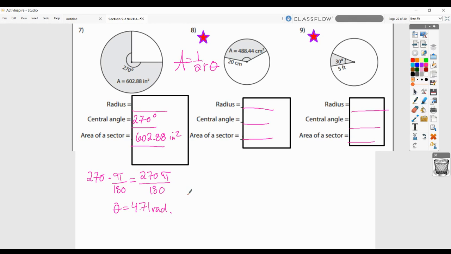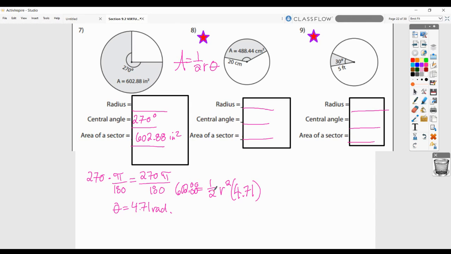Okay, here we go. Area equals 1/2 times the radius squared times my theta, which is 4.71. My area, I forgot, they gave it to me, so that's 602.88.